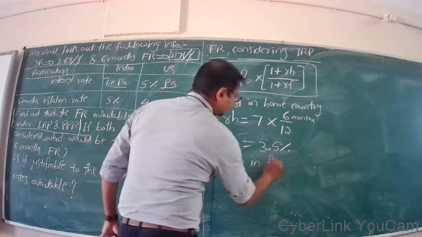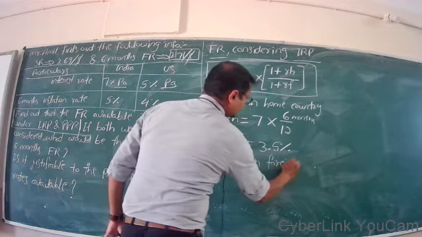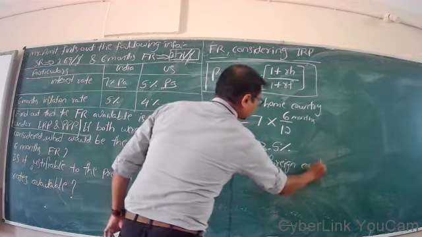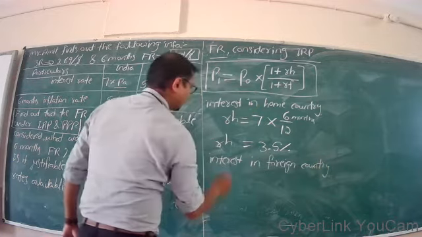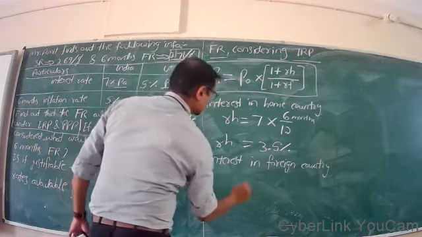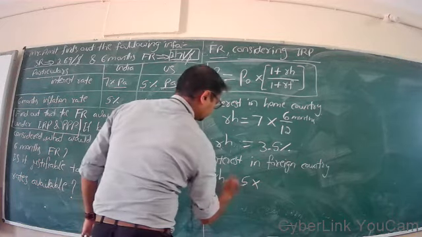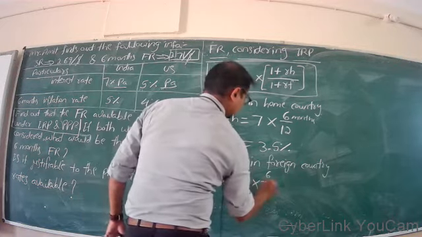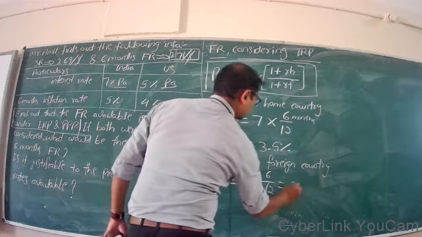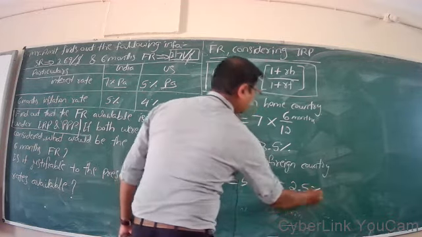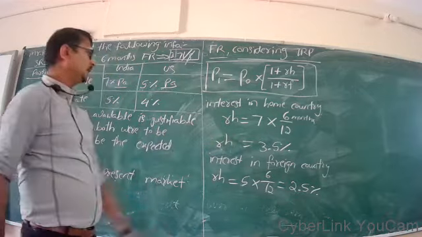And interest in foreign country is 5% into 6 by 12, which is equal to 2.5%.